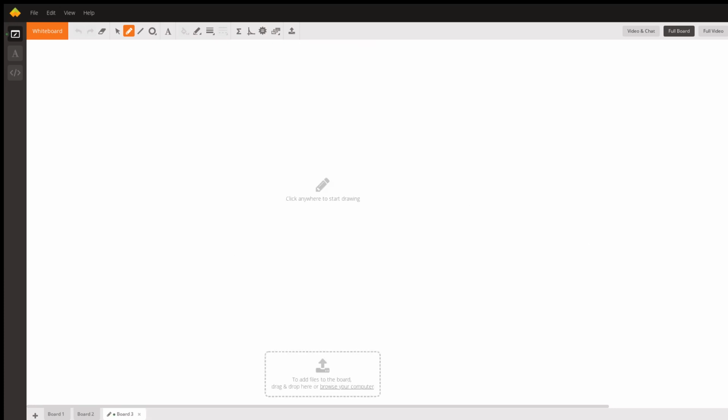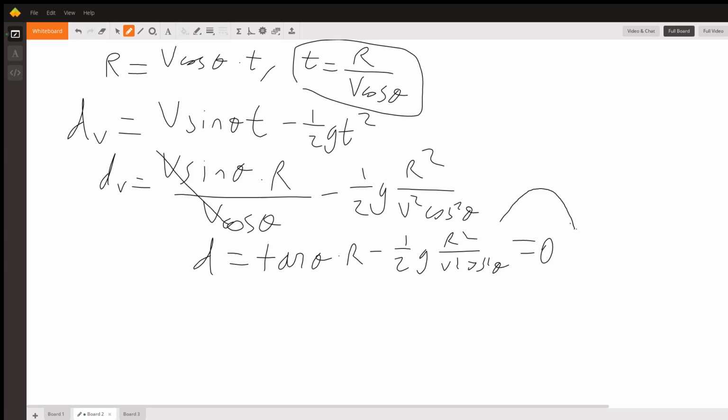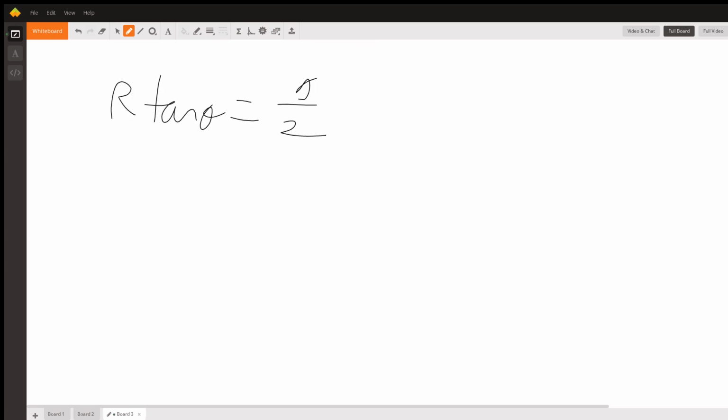So you solve, and because you set it equal to 0, you're going to get R tan theta equals g over 2 times R squared over V squared cosine squared theta. You solve it out and you divide over by tangent times cosine squared theta. Tangent times cosine squared theta becomes sine theta times cosine theta.